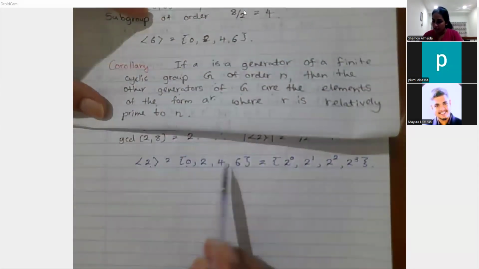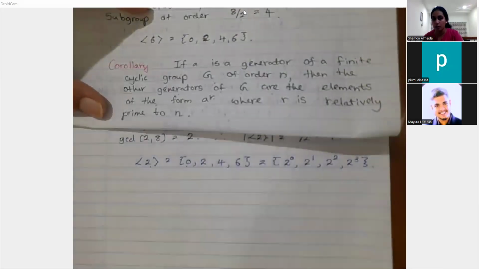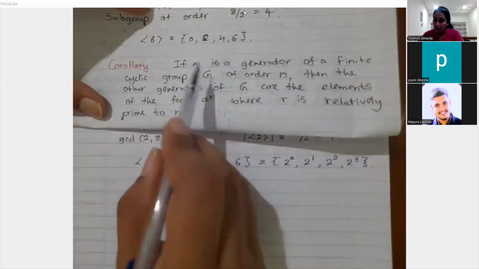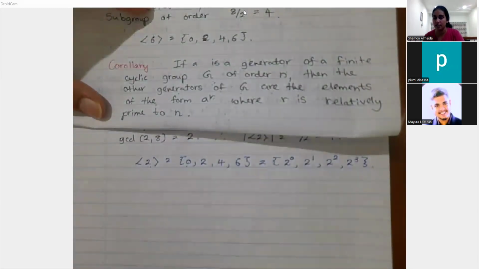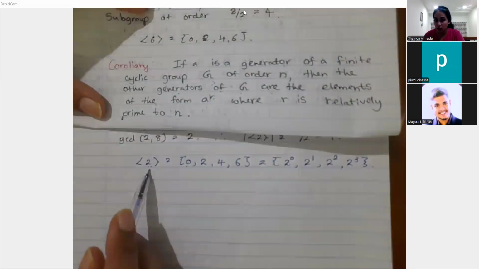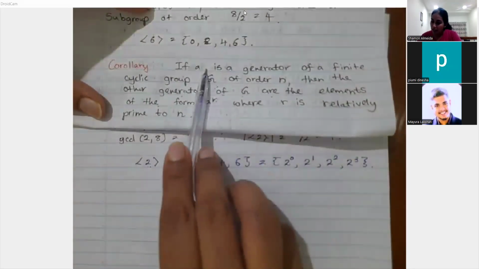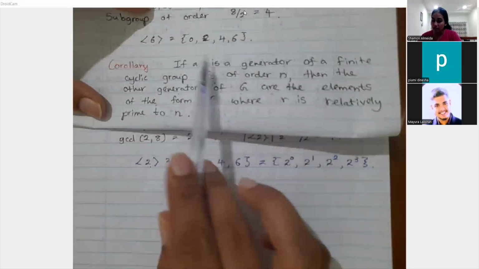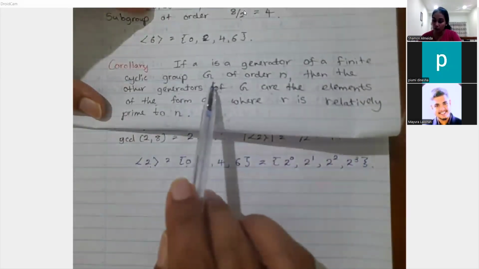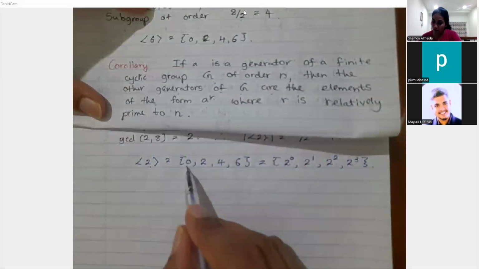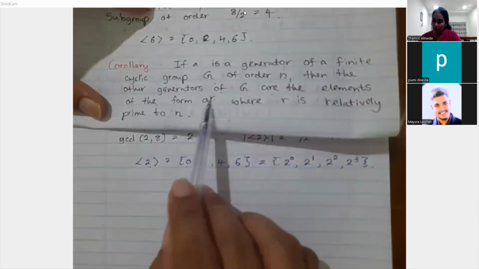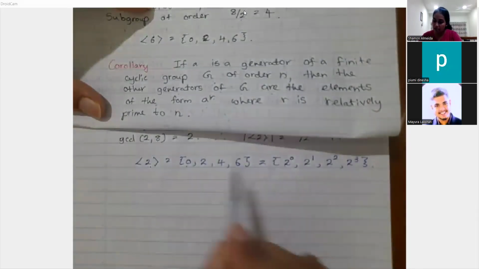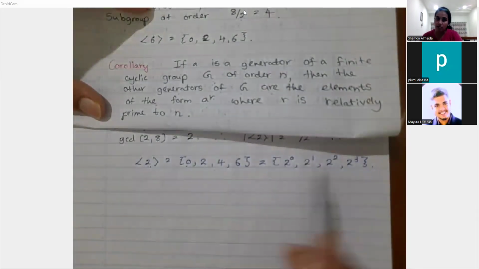Now, G is this group. Binary operation is addition modulo 8. A is simply 2. So we want to find the other generators of this group, right? Let's read the statement once again. If A is a generator of a finite cyclic group G of order n, so the order of this group is 4 now, the other generators of G are the elements of the form A^R, where R is relatively prime to N. Now we have written all the elements in this group as some power of the generator.